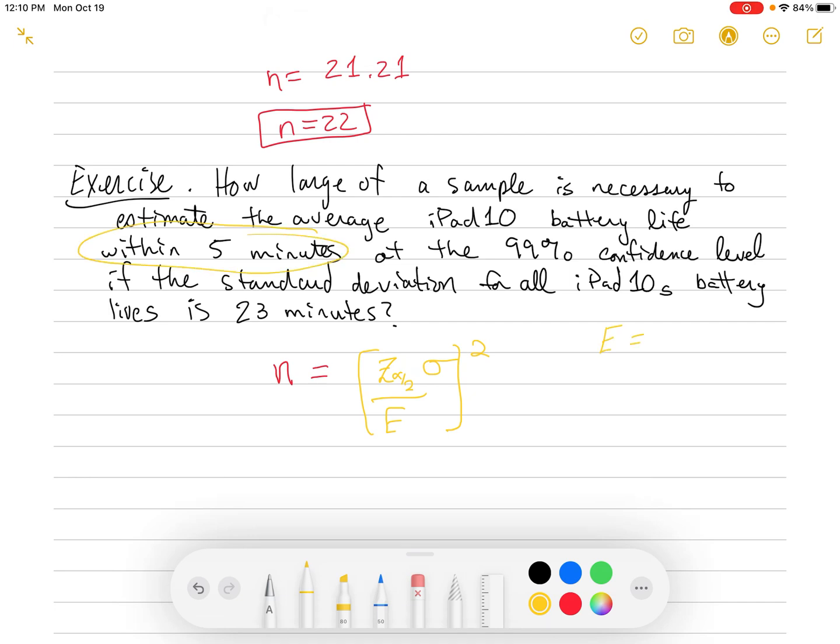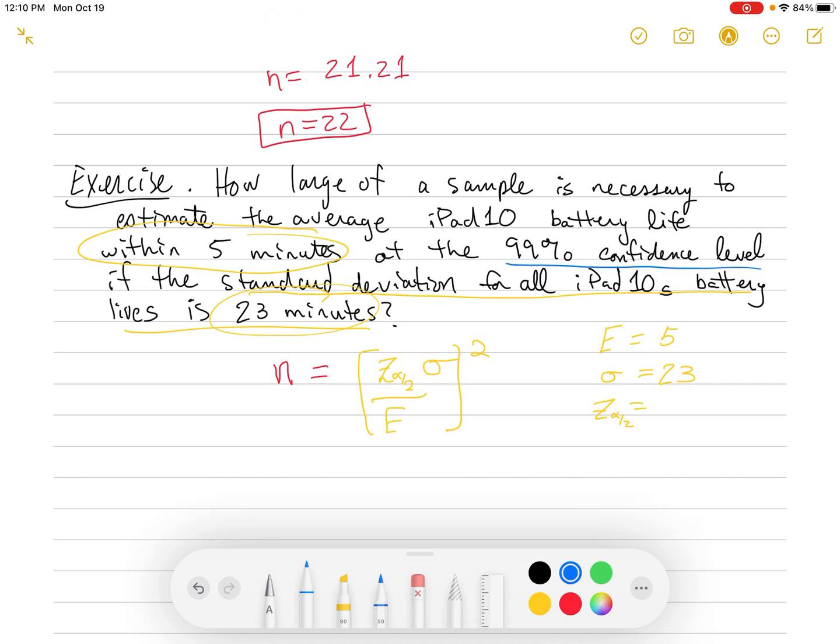So what do we have? Do we have the margin of error? Well, we want to be within 5 minutes of the actual value. So 5 is our margin of error. Standard deviation of the population here is 23, right? 23.